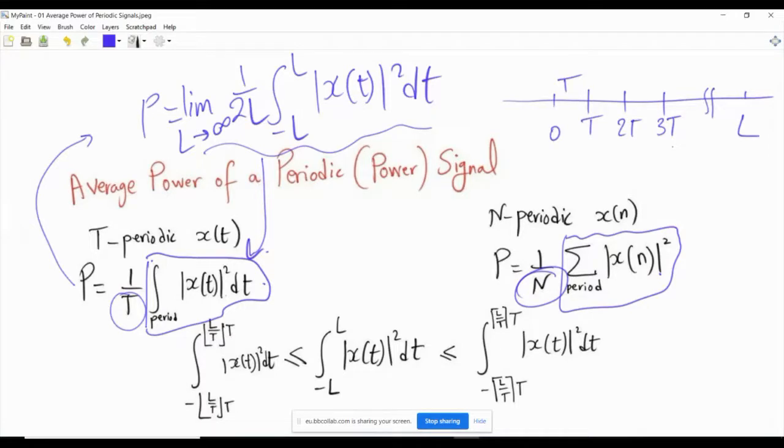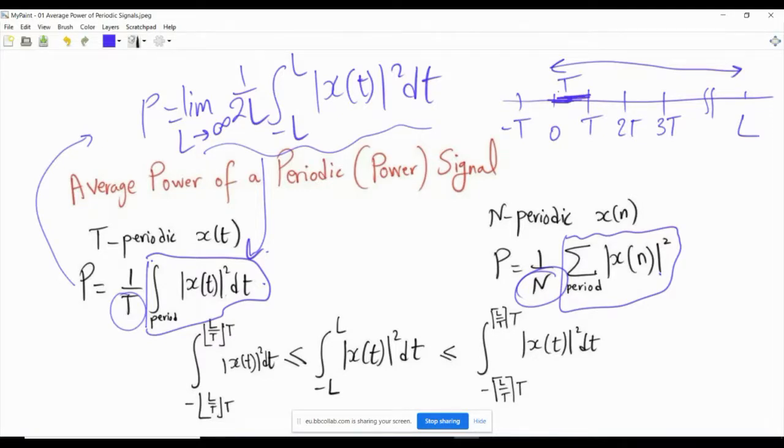You can think of the domain of integration being divided into periods, and on the other side, from minus T to 0 and so on. And then you can upper bound your integral, right? So basically, how many periods do we have from 0 to L? We have L over big T periods from 0 to L.